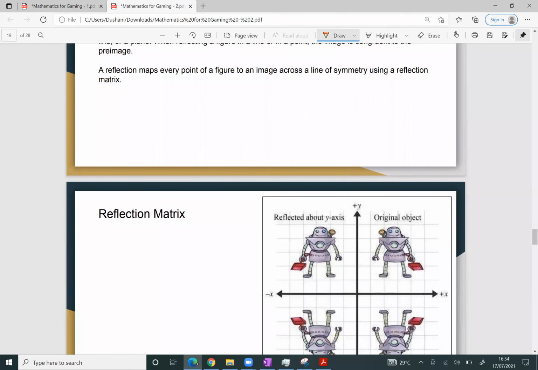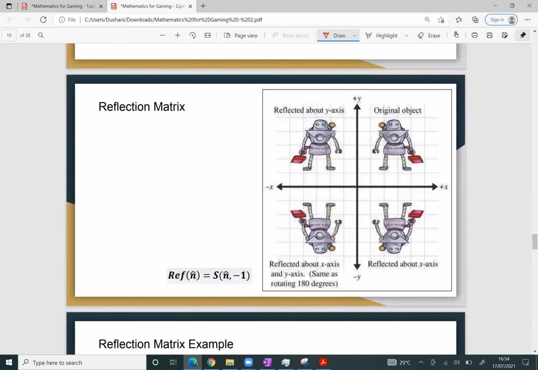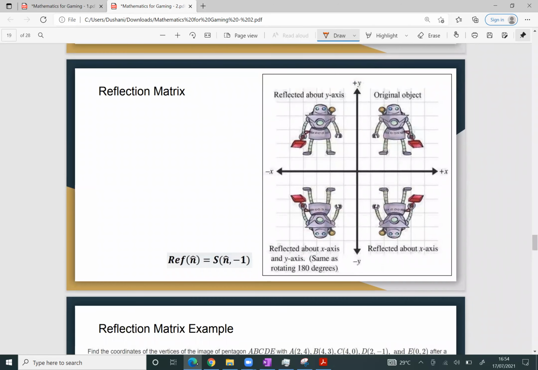A reflection maps every point of a figure to an image across the line of symmetry using the reflection matrix. So if you look at this, you have reflection about the y-axis over here, original object, and the reflection about the y-axis.